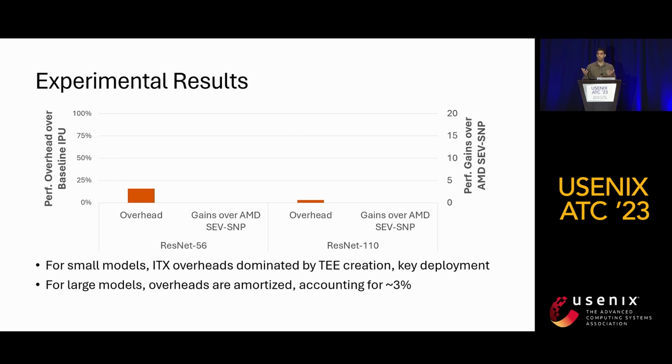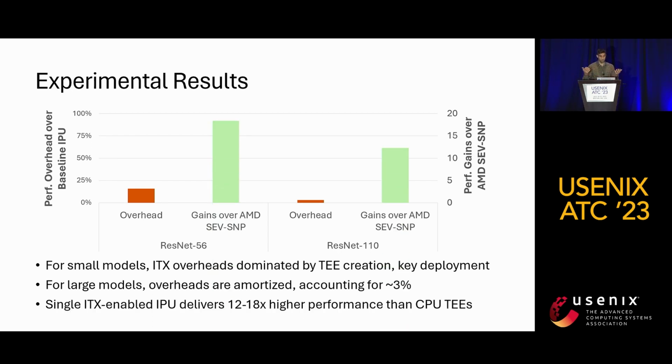And the total runtime overheads were around 3%, mainly dominated by the runtime encryption overhead. All in all, we were able to deliver huge performance gains over CPU TEEs, which is great because we can get strong security guarantees, even better than CPU TEEs, while maintaining accelerator-grade performance.